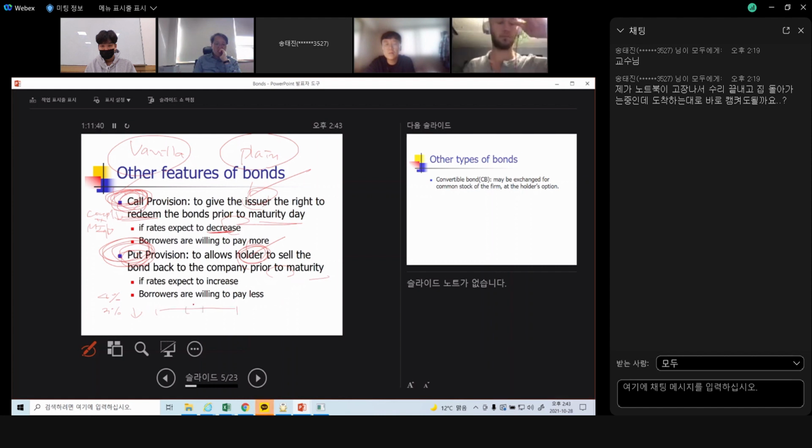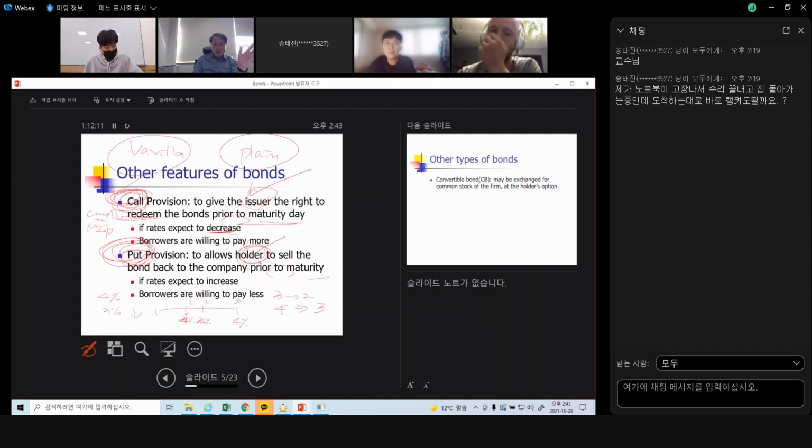First year, second year, 3 years. So I should pay 3% and 4% for the bond as interest. But if market interest goes down from 3% to 2%, for example, then the coupon rate is more likely to decrease from 4% to 3%.